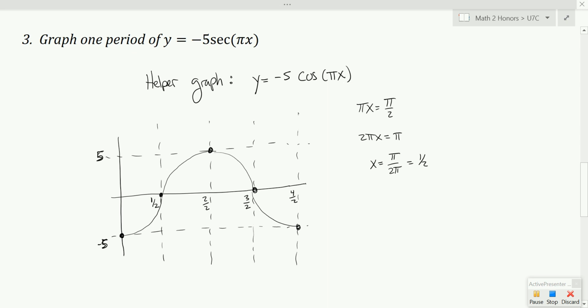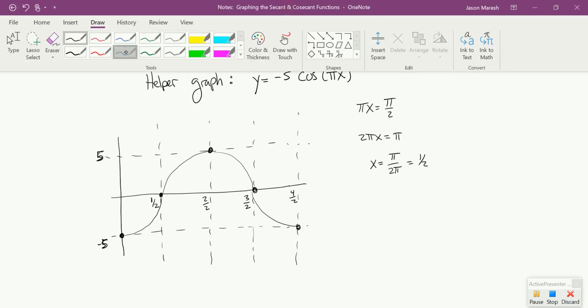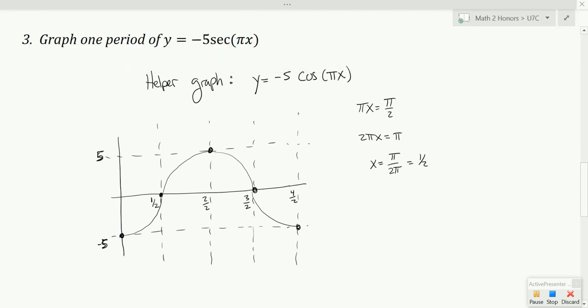All right, now I'm ready to graph the secant. So wherever there's a min, I'm going to draw a sad face, but the min is kind of in the middle of that sad face, right? And so I'm only going to draw the right half of that sad face. And then where there's a max, draw that happy face.